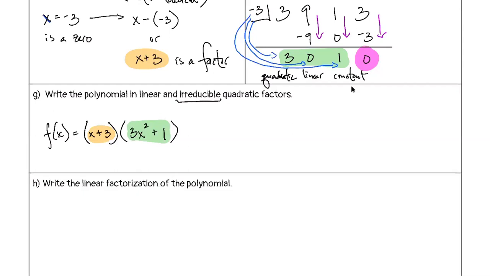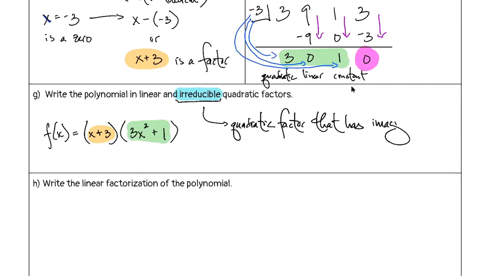But this word irreducible: irreducible means that you have a quadratic factor that has imaginary solutions. Irreducible means you have a quadratic factor that has imaginary solutions.